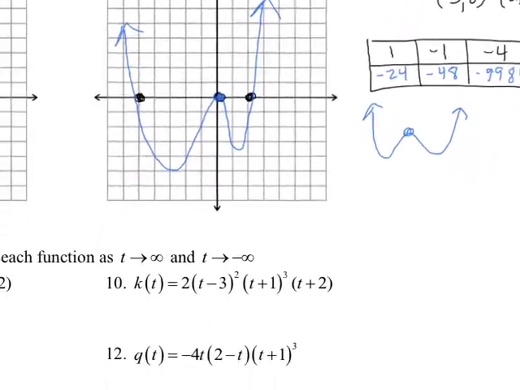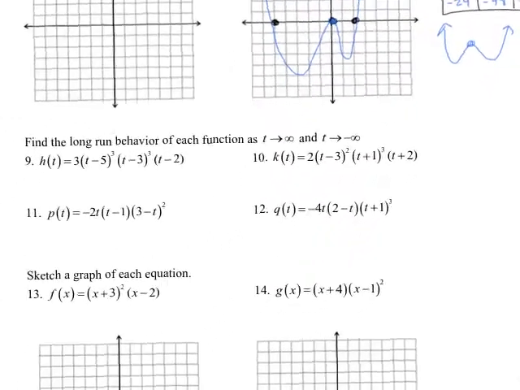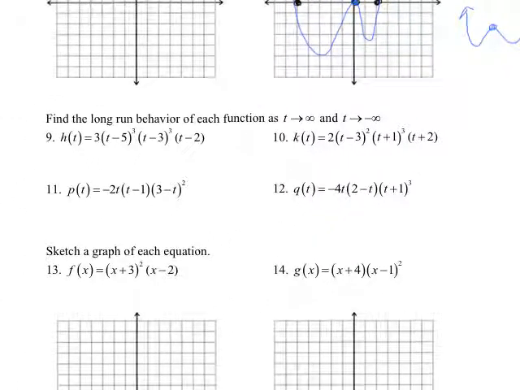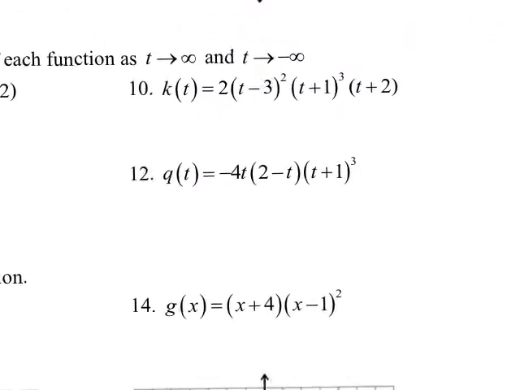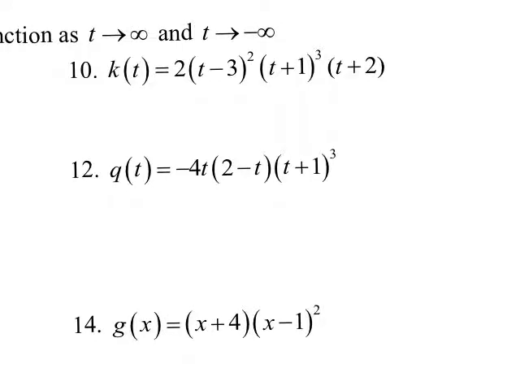Speaking of end behavior, problems 9 through 12 ask us to explain the long run behavior. So on problem 10, I'm going to count the degree. So I've got 2 terms, 3 terms, and 1 term.